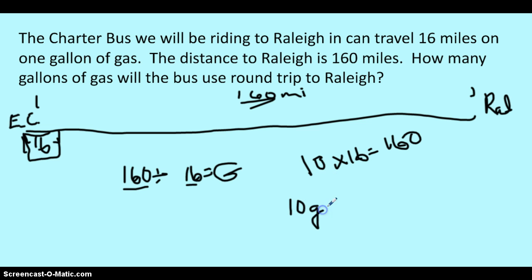However, that wasn't the question. The question was for the round trip. And round trip is to there and back. So it'll not only take 10 gallons to get there, but it'll take another 10 gallons to get back, which would equal 20 gallons.